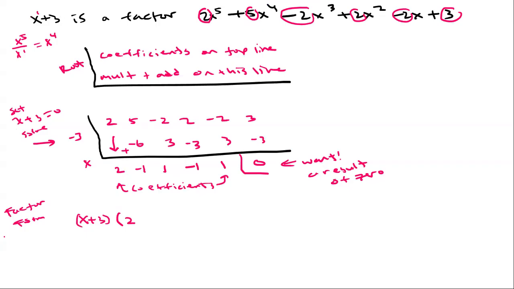And since I divided by x plus 3, it reduced it from the 5th power to the 4th. So now this would be 2x to the 4th, okay? And then minus x to the third plus x squared minus x plus 1.